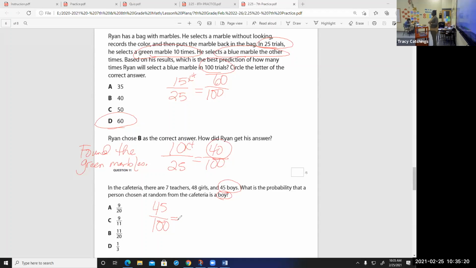Think about something they have in common. 5. So 45 divided by 5, and then 100 divided by 5. I can go with 20, check the top.